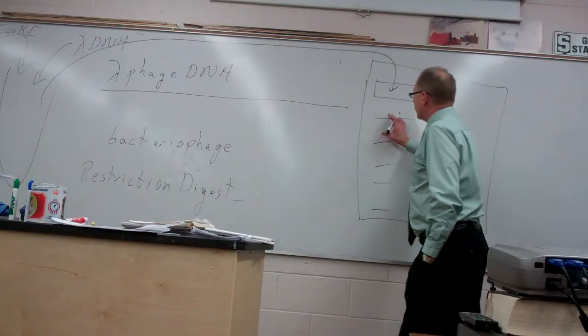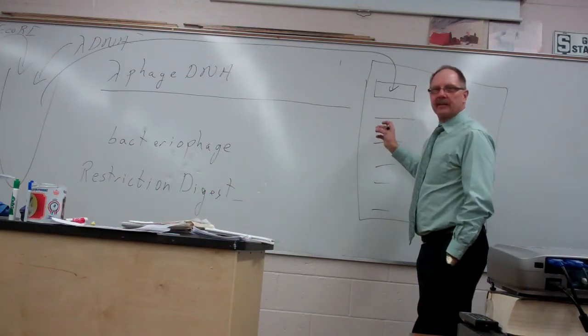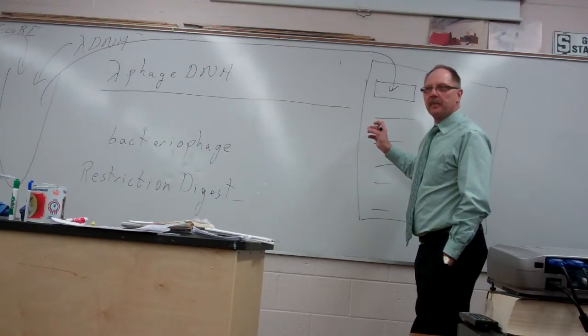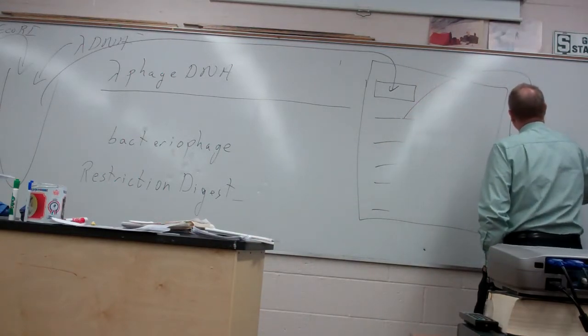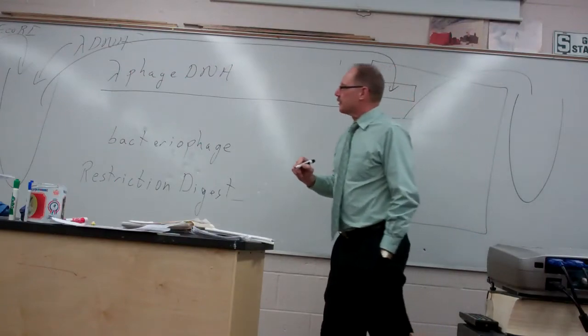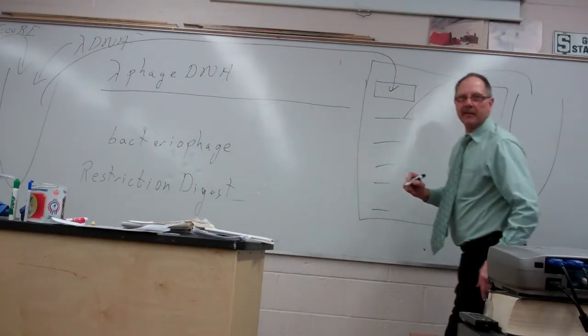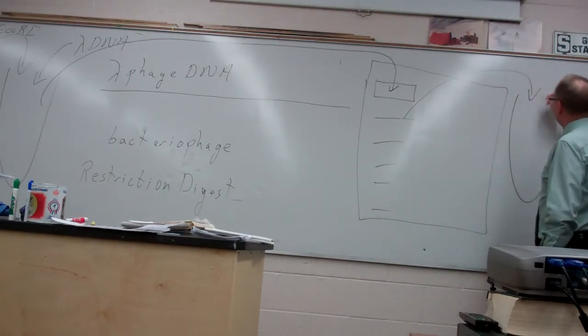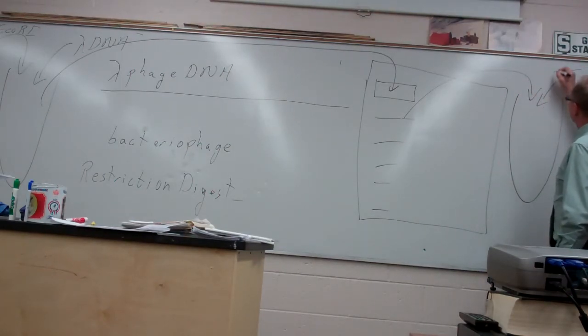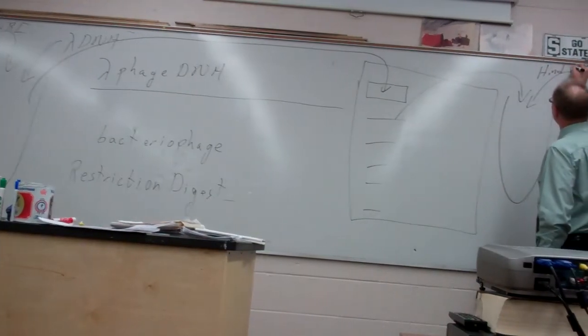So then we're going to take this gel and we are going to extract the DNA out of the gel. Take that DNA out. Put it into a test tube. Does this show up on there where I am? Yeah. Okay. Put it in. And we are then going to restrict it with HinD3.